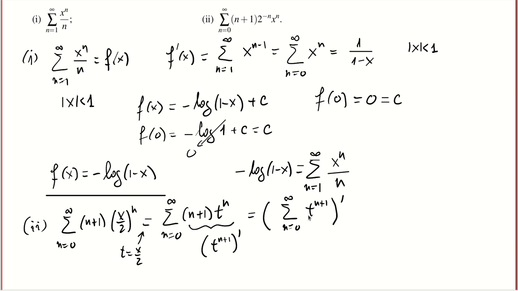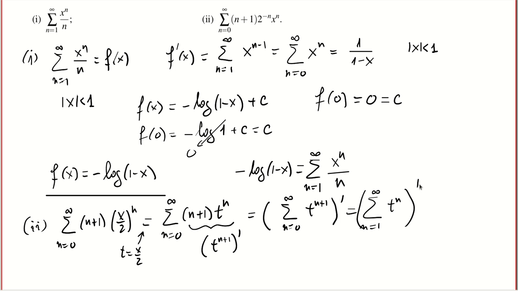Now we can shift 1 unit down here and 1 unit up here, so we transform this into the sum from 1 to infinity of t to the n, and we take the derivative.